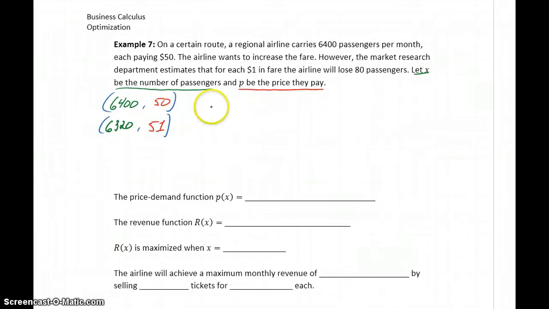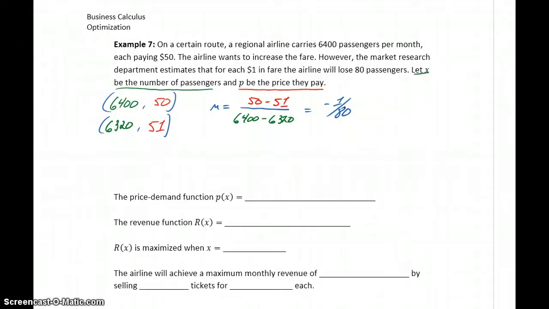So using that information, we can plug that into the slope equation, taking the difference of our y coordinates, or in this case our p coordinates, divided by the difference of our x coordinates. And getting a result of negative 1 over 80.